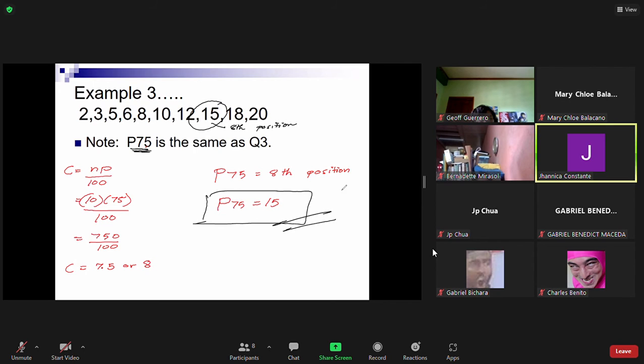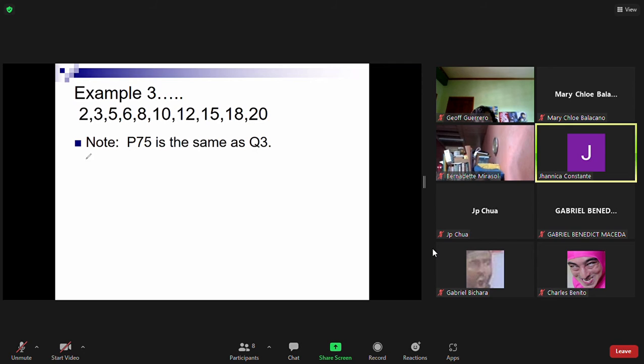Okay, let's have another example wherein the value of C is a whole number. For example, we're going to find the 20th percentile in the set of data that we have.